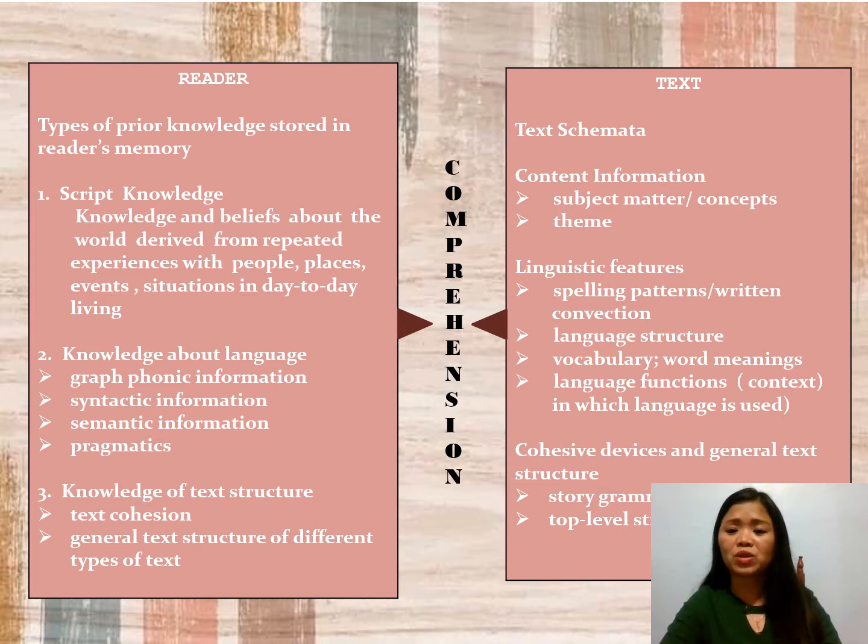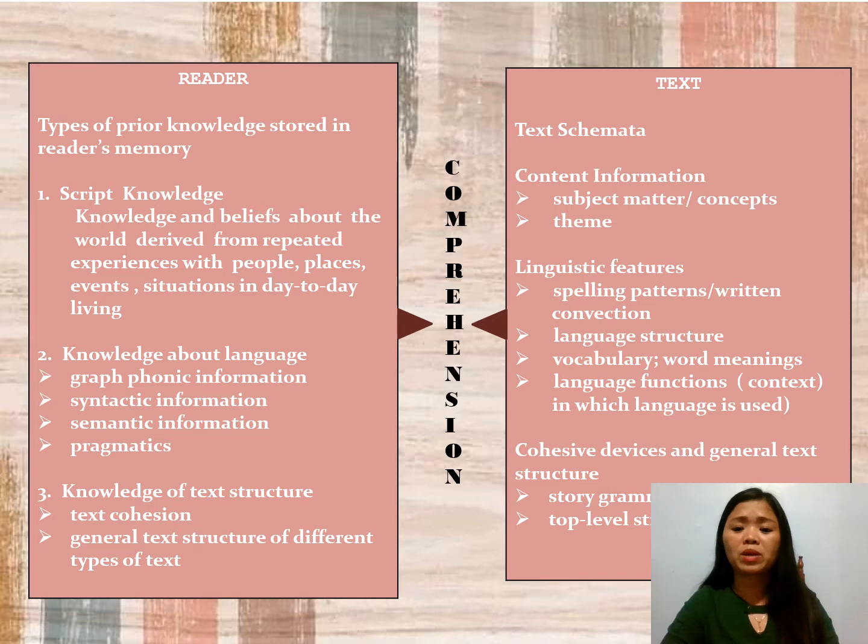The linguistic features under it are the spelling patterns or written convention, the language structure, vocabulary or word meanings, language function or context in which language is used, and the last one is cohesive and general text structure, which is the story grammar, the narrative, and the top-level structure or exposition.